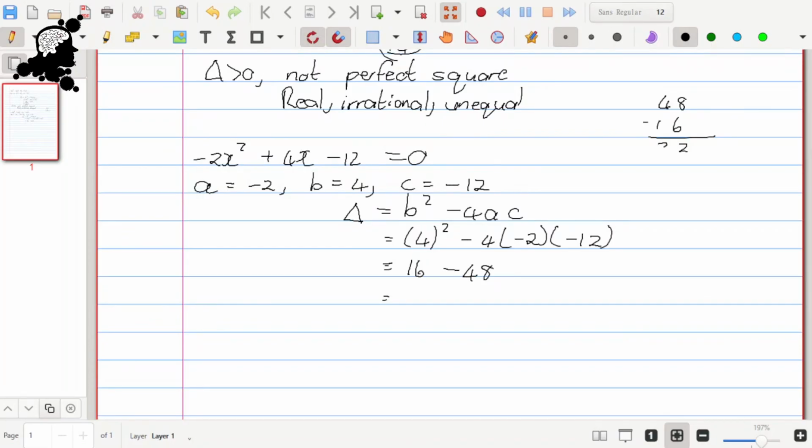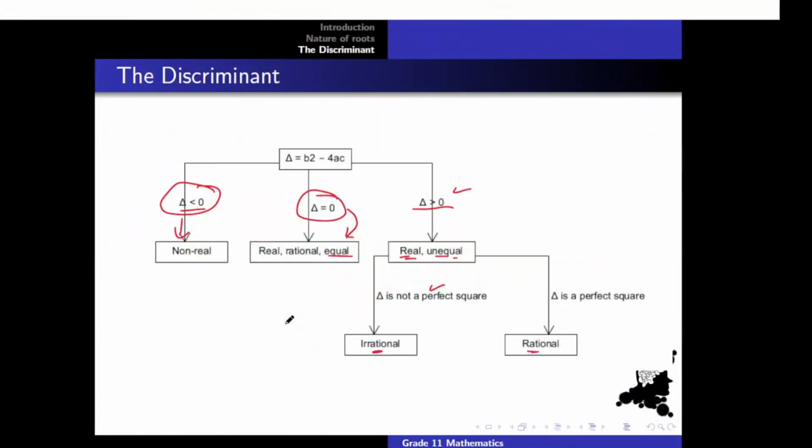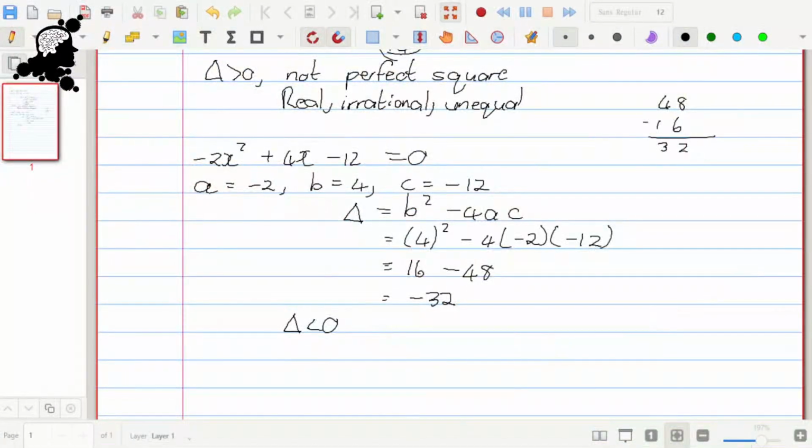Then 4 minus 1 is 3. So our answer here is going to be negative 32. Because the value of delta is negative, let's go back to our little picture again. The value of delta is negative, so the roots are non-real. So let's conclude, therefore, that the roots are non-real.